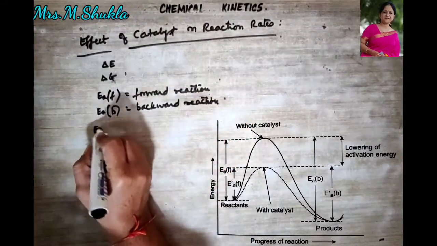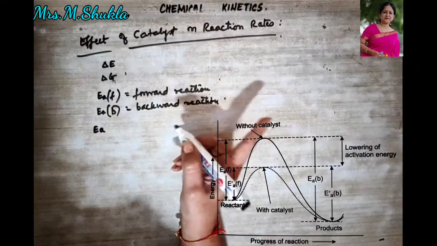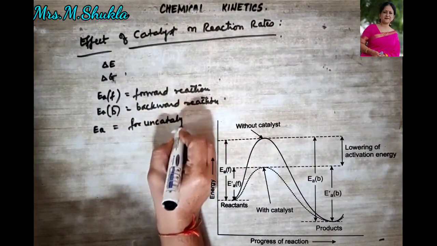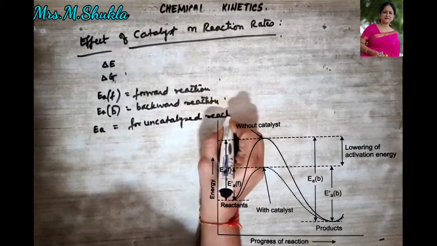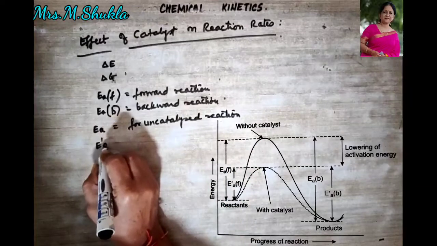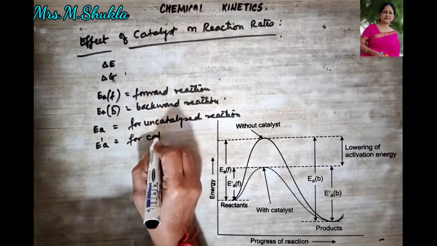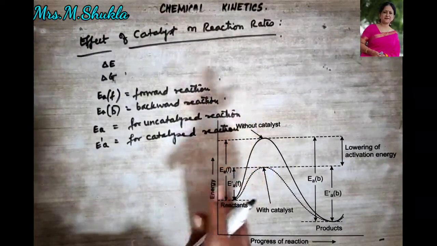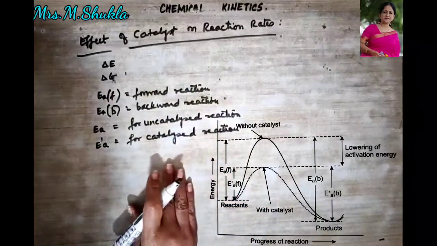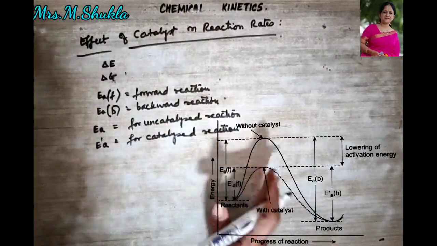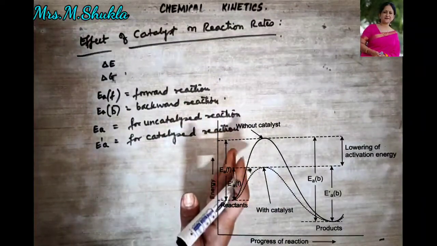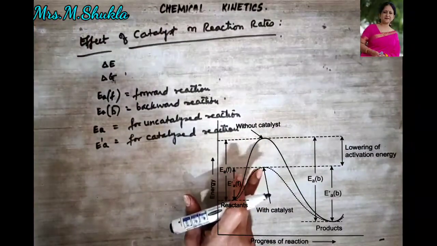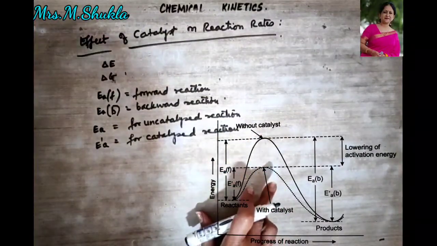If it is EA, look at the graph over there, it is for the uncatalyzed reaction, and for E-A dash, it is for the catalyzed reaction. Okay, so I hope this progress of your uncatalyzed and your catalyzed reaction is clear. That is addition of catalyst. How does it provide a path of lower activation energy? That is shown by the dotted line over here, right?